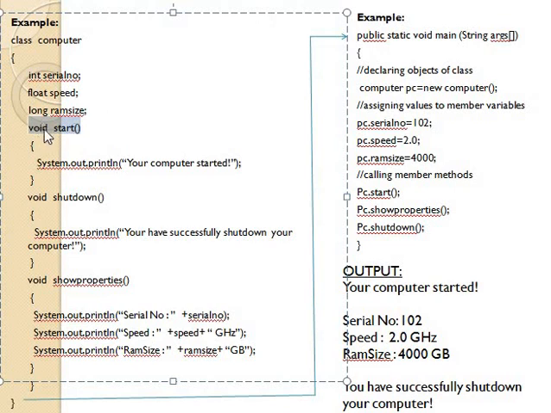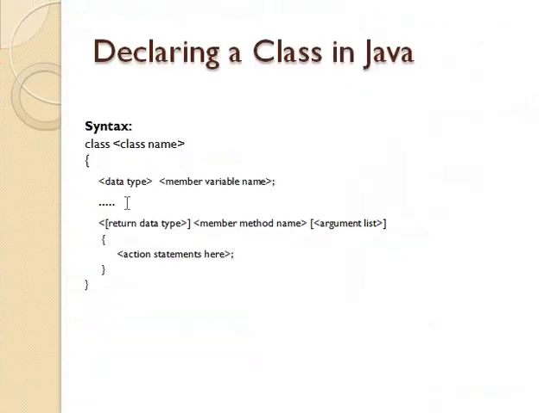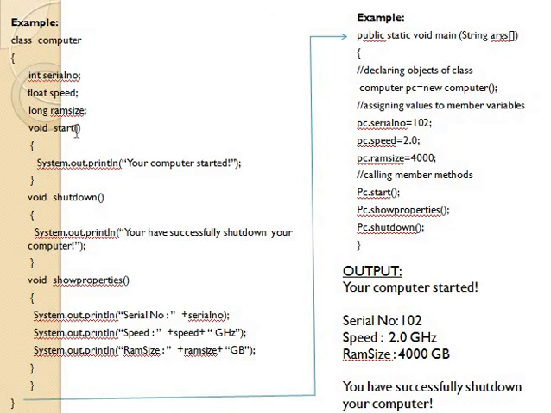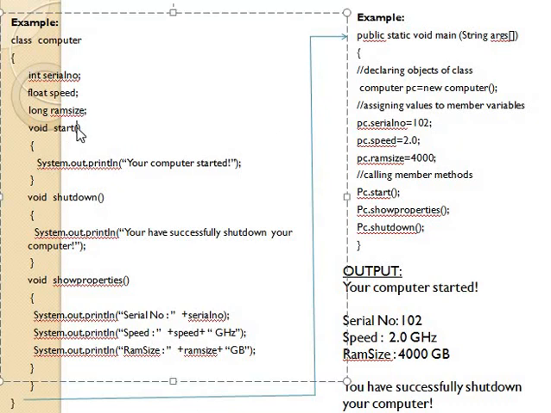If you check the syntax, the return data type is void and the member method name is start, where the argument list will be empty. Why empty? Because there is no element within the brackets.